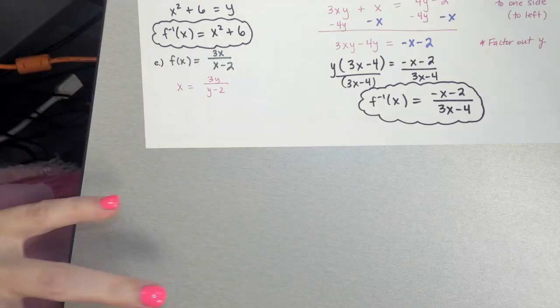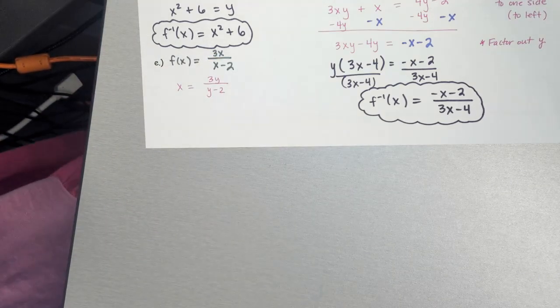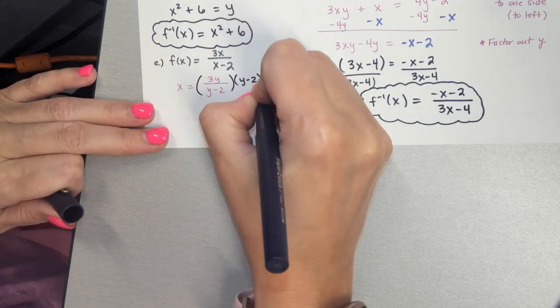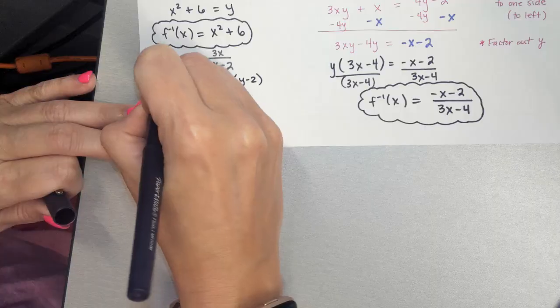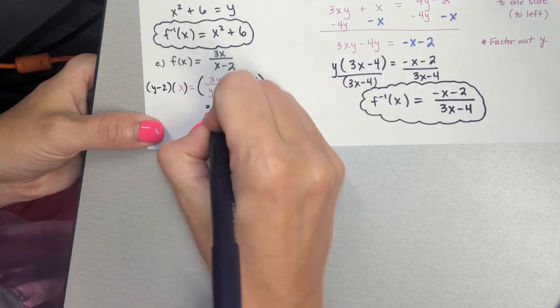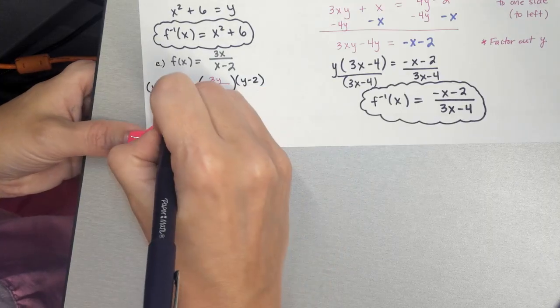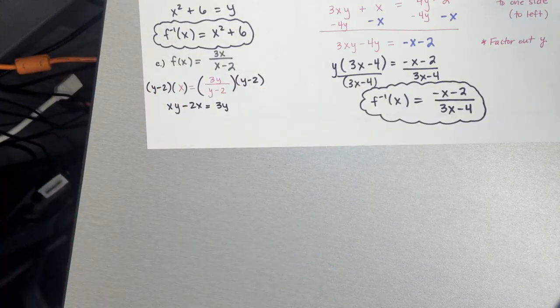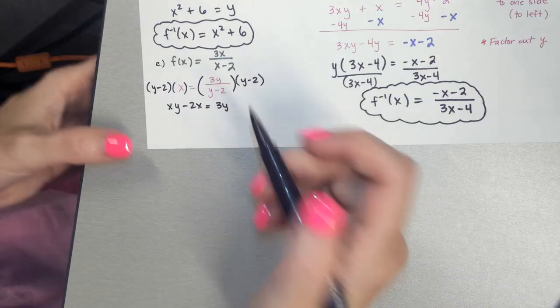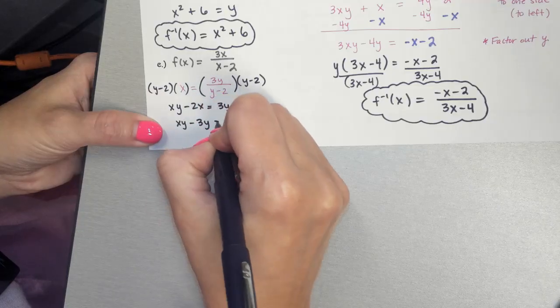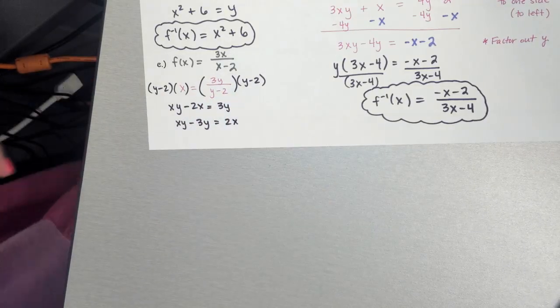Okay, so again, when you're doing this, I am looking for these algebraic steps here. So you're showing what you're multiplying by. So it's y squared. So you will get 3y is equal to xy minus 2x. And then when you're reorganizing these, I'm fine if you do xy minus 3y equals 2x.